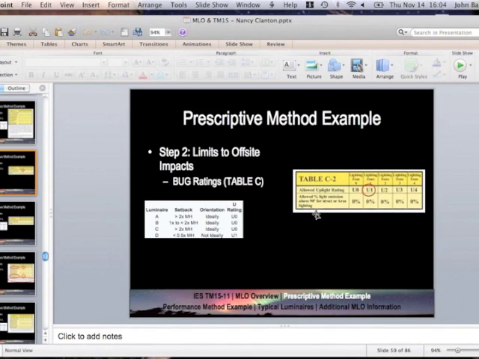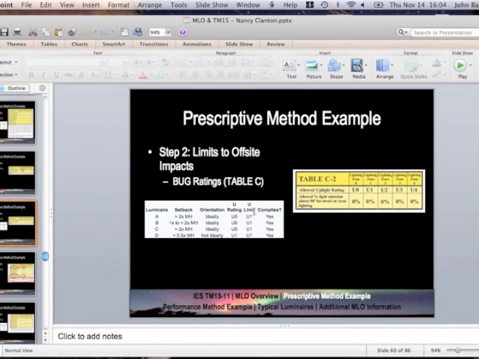The U ratings are a heck of a lot easier because here they kind of follow the lighting zones themselves, U0 through U4. And most of them are all ideally located except for the D, not quite ideally located, but that doesn't matter with the U rating at all.